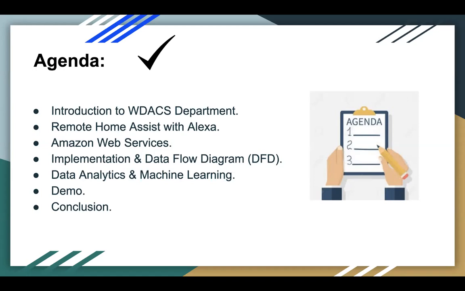We'll talk about the implementation and data flow diagram of how home assist works. We'll talk about how data is being analyzed from the users, and also the machine learning aspect of Home Assist. We'll do a demo of how Home Assist works, and also of how the reminders feature, which we created using skills, works, and then we will conclude.